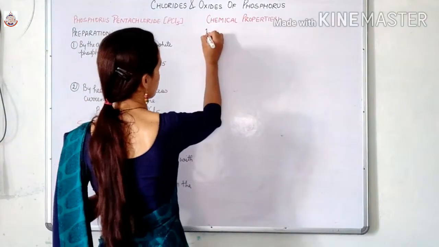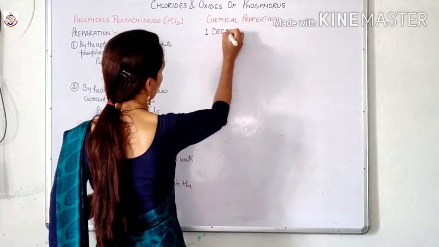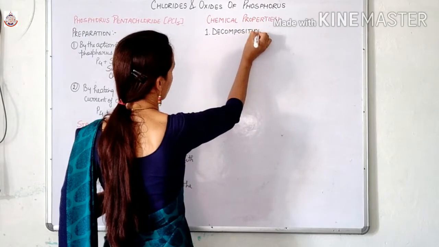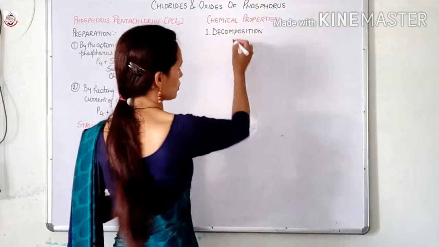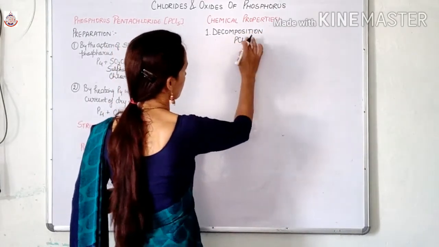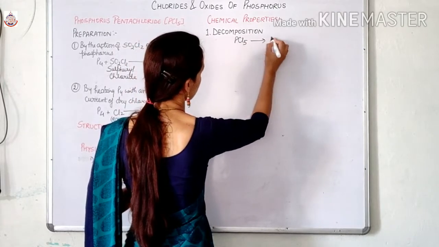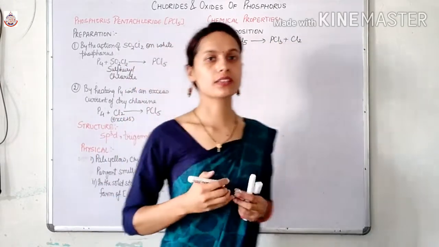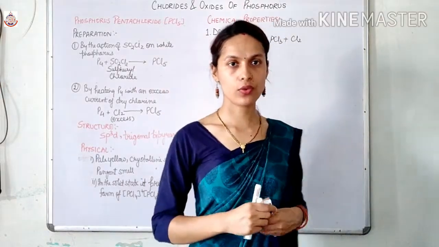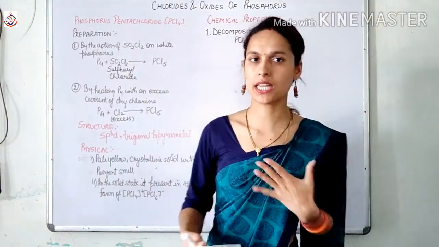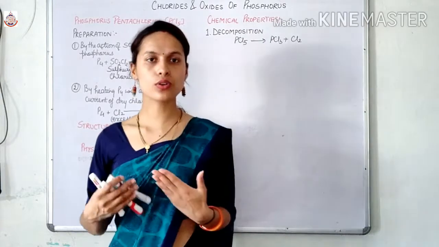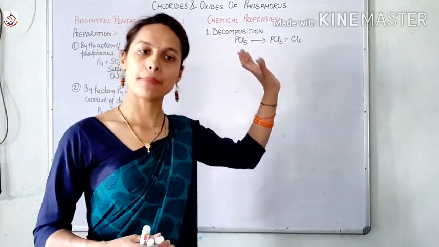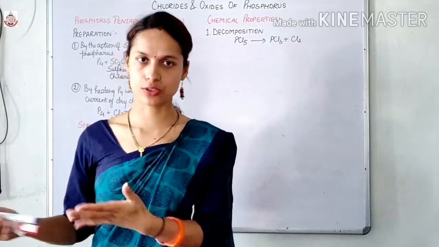On heating, it undergoes thermal decomposition to form PCl3 and Cl2, and therefore it is used as a good chlorinating agent. Why is it used as a good chlorinating agent? Because on heating it decomposes to give PCl3 and Cl2.